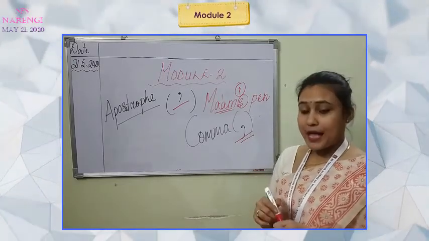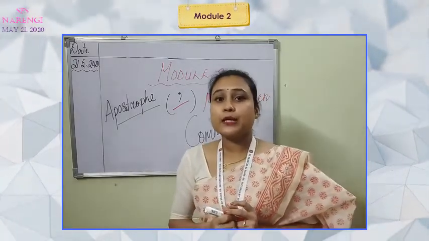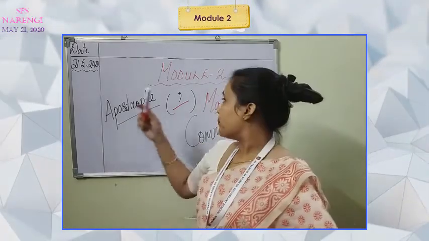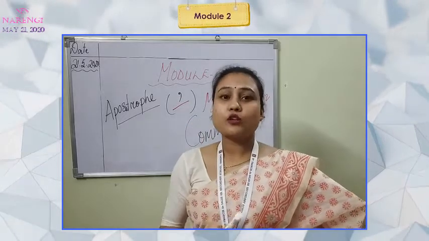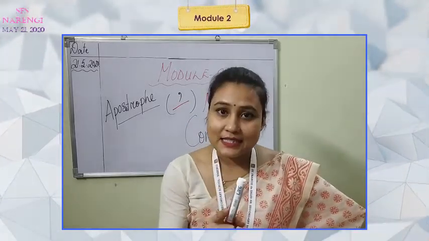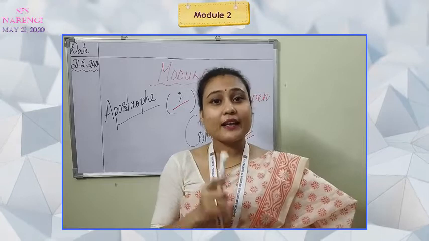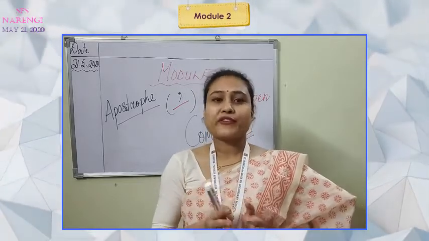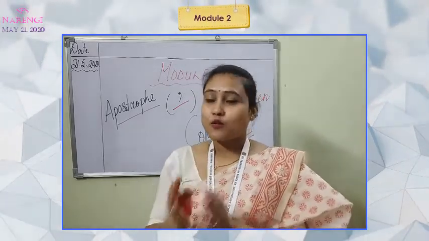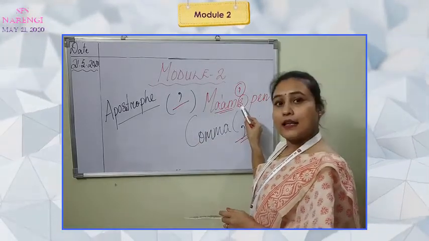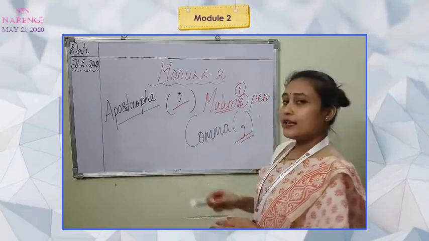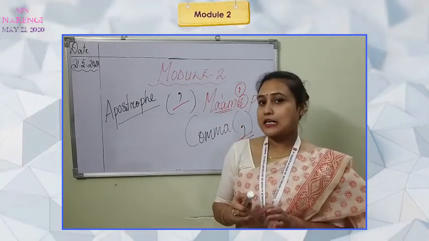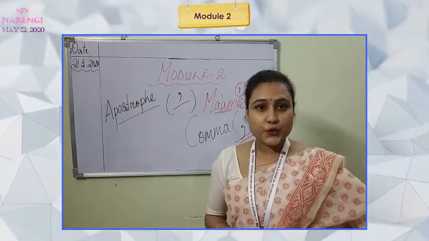Okay, so whenever we have to show someone's belonging, we don't only put this symbol. Along with that, we also give S. We also write down S there. So the apostrophe always goes with one S. Okay, so apostrophe S. You might have heard this word, but you haven't used it.